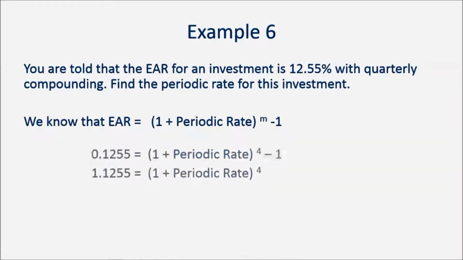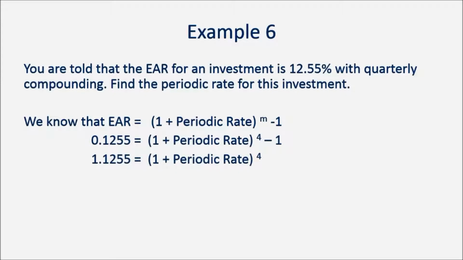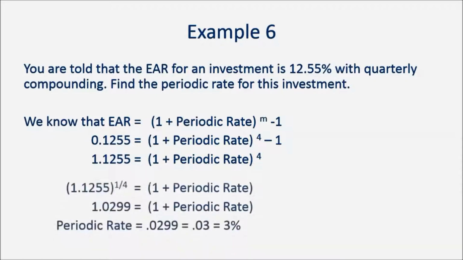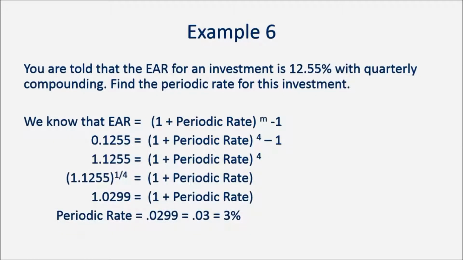So in this case, 0.1255 will be equal to 1 plus periodic rate whole to the power 4 minus 1. When we simplify this further, we find that 1 plus periodic rate is 1.0299, which means periodic rate is 0.0299, which is approximately 0.03 or 3%. So, the stated annual rate in this case would have been 12%.